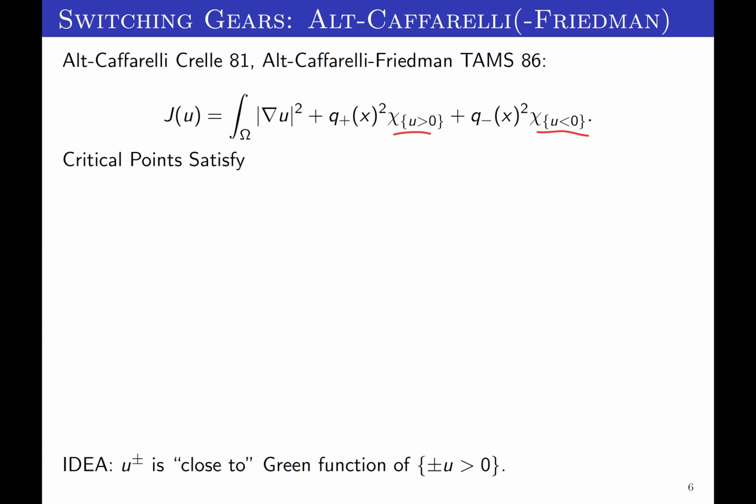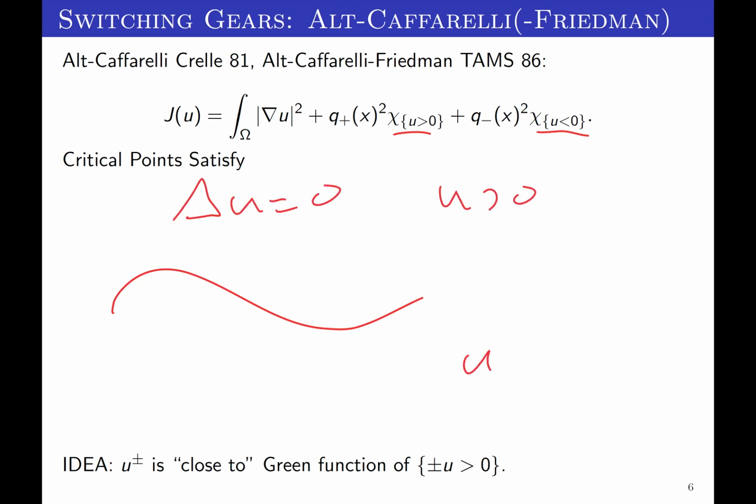You can show the following, that when U is positive, Laplacian U equals 0. When U is negative, Laplacian U equals 0. And then there's a condition on the free boundary of U. And that condition basically balances the normal derivatives of U plus and U minus.